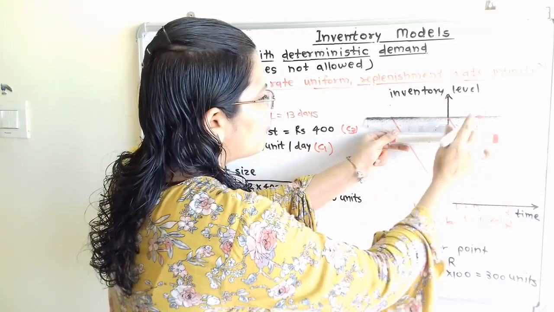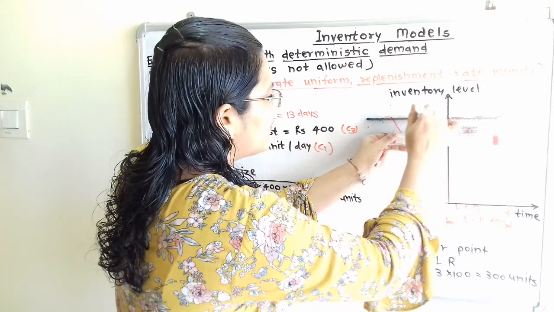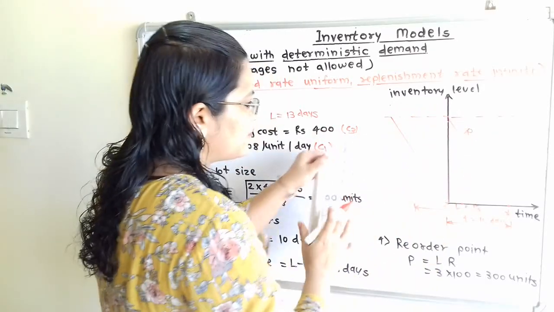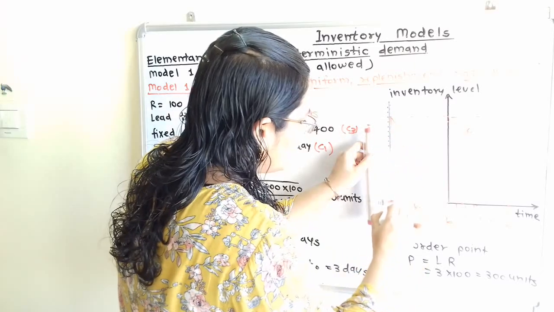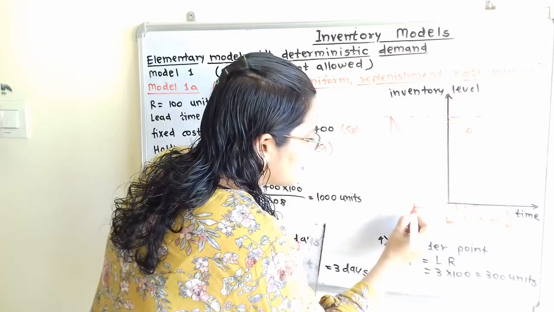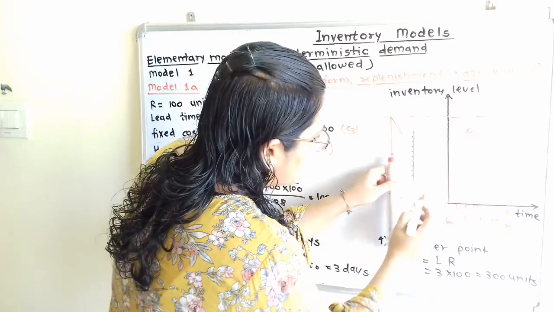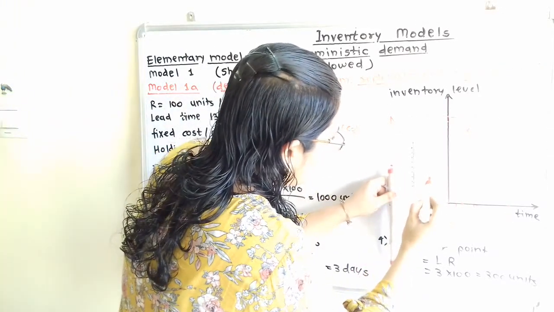Now we have to maintain this level of inventory, up to Q, up to this height. So I will draw one vertical line. Now if we observe, here is the lead time. So I will draw one vertical line.